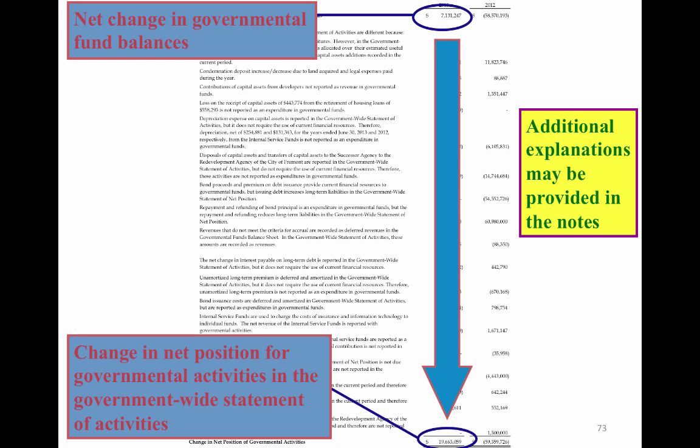Sometimes, if the reconciliation is highly aggregated, particularly if it's on the face of the financial statement rather than on a succeeding page, a government will provide a note disclosure that lays out the reconciliation in much more detail.